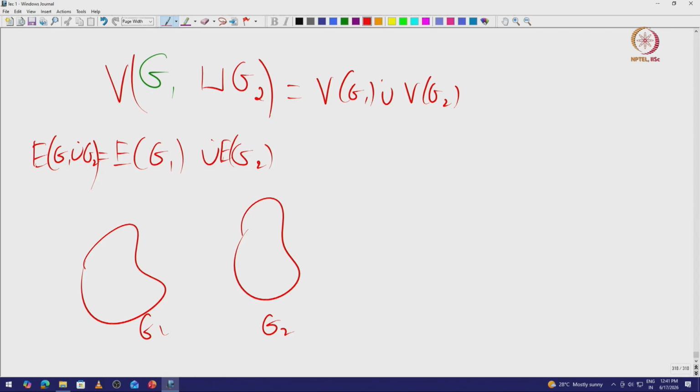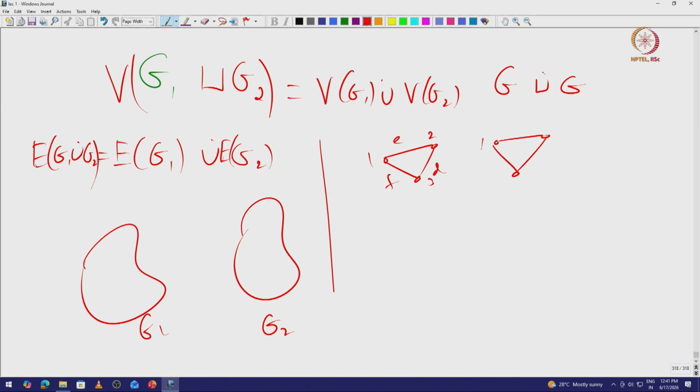so then you get this disjoint union. So note that one can actually have multiple copies of the same graph. For example, if I take some triangle like this, 1, 2, 3, E, F, D, then we can talk about the disjoint union of the same graph. So then we will have multiple copies of the same thing.